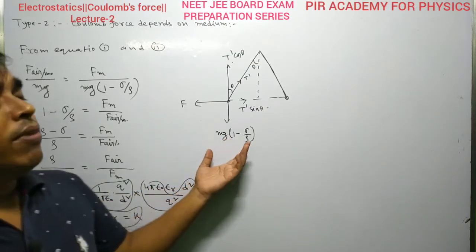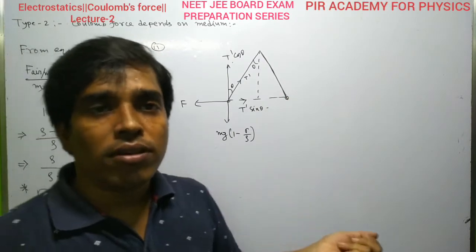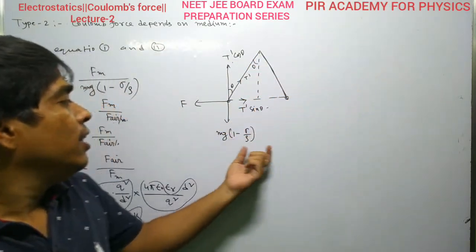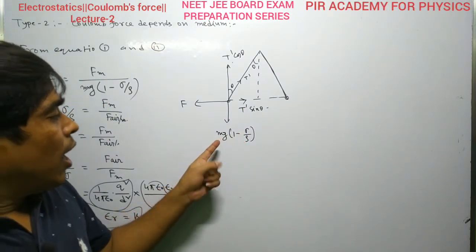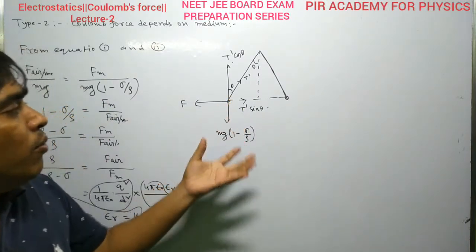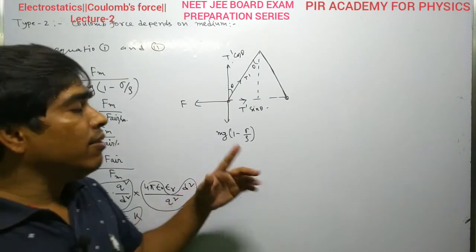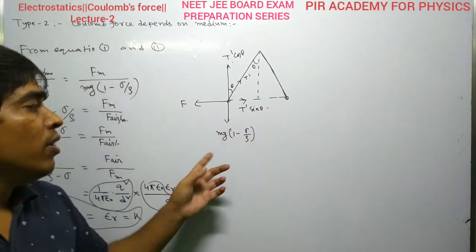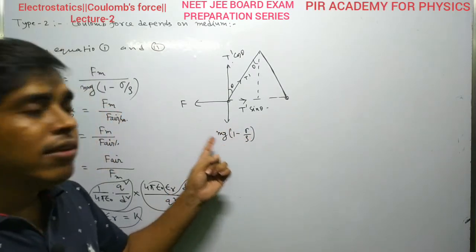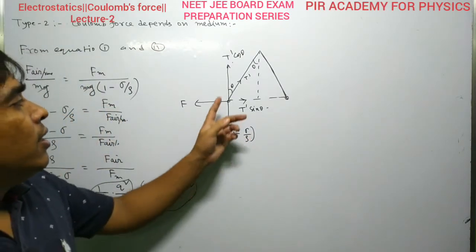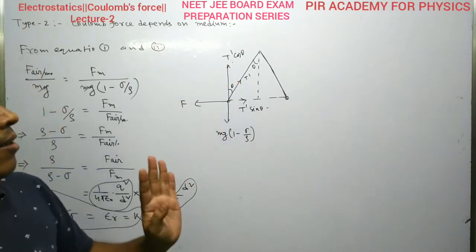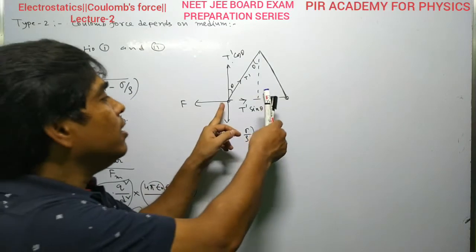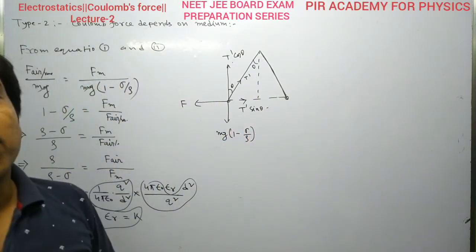If this system is placed on the Moon, then what happens? The apparent weight of this body will decrease because g is less than the value of g on Earth. If apparent weight decreases, then the tension will decrease, and if the tension decreases, then the separation between the two charges will increase.